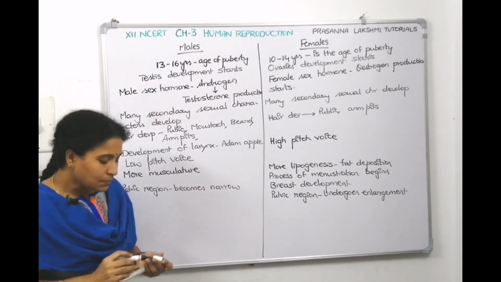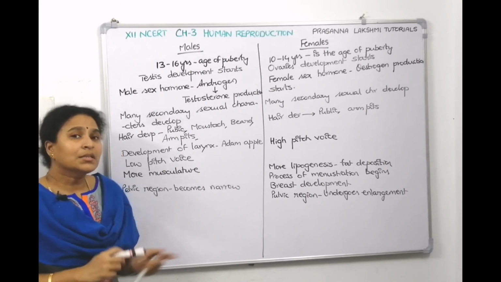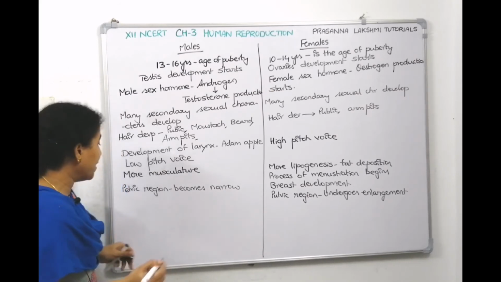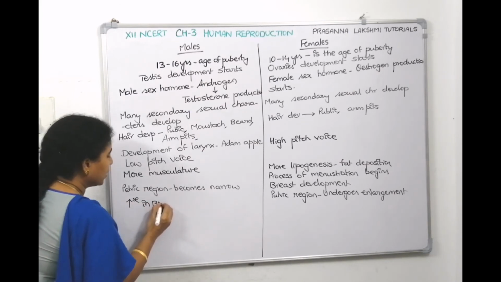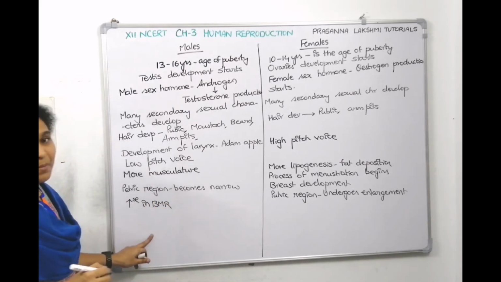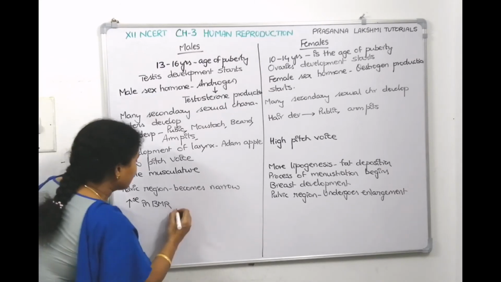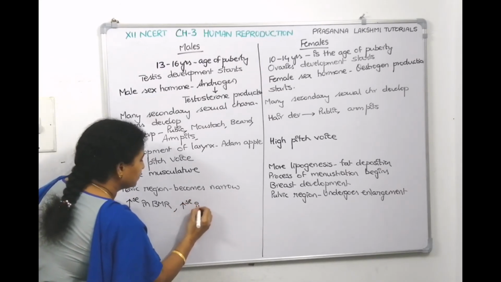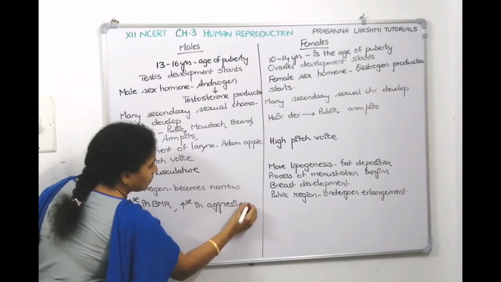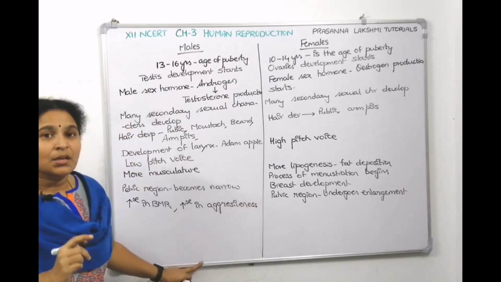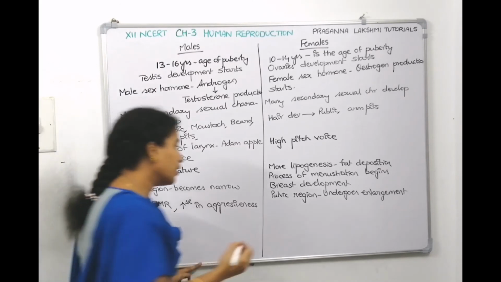So then what else we can see? This androgen increases their BMR. Increase in basal metabolic rate. Increase in aggressiveness. Right? So for females, the BMR, basal metabolic rate, will not increase.